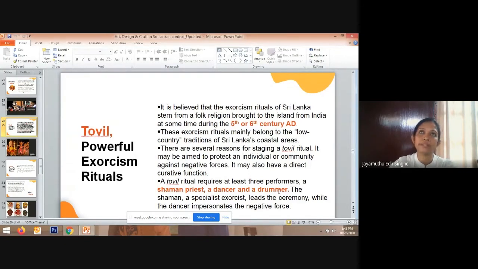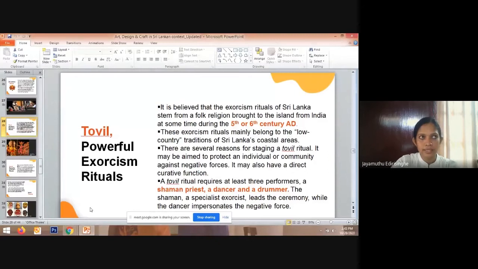Sometimes the drummer joins the dancer and the shaman priest when they have dialogues. All these 3 characters are needed. Sometimes there are more, but at least these 3 characters are there: the drummer, the dancer and the shaman priest.